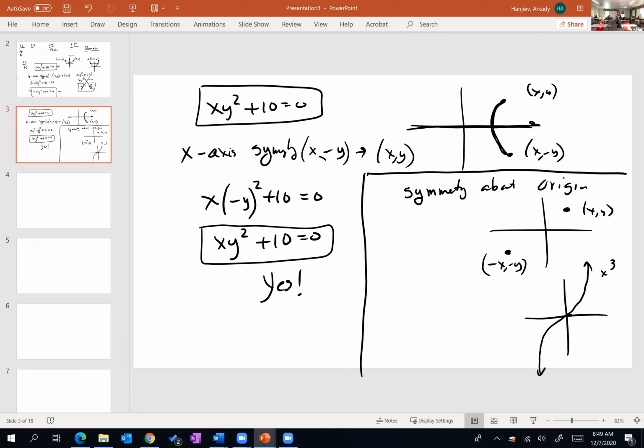That has symmetry about the origin. So in this case, we're plugging in both as negatives. I plug in negative x and I plug in negative y. Question is, do I get back to my original problem exactly the way it was before? And the answer is no, because of that little negative x in front there. So this one's a no.